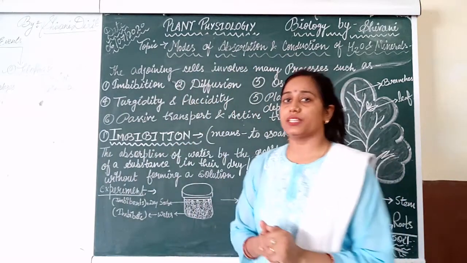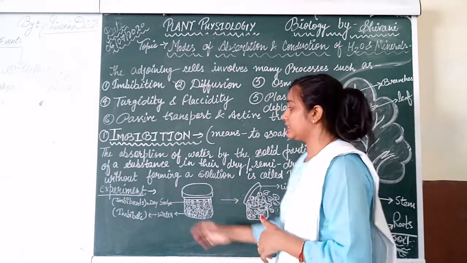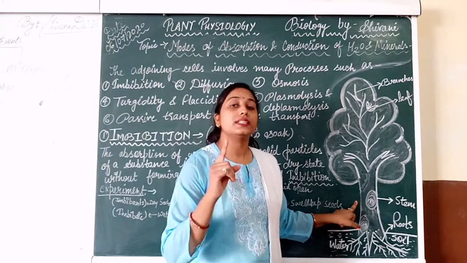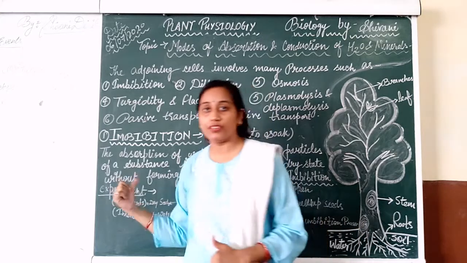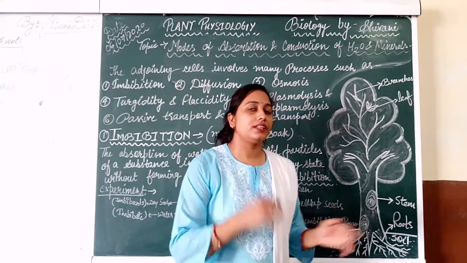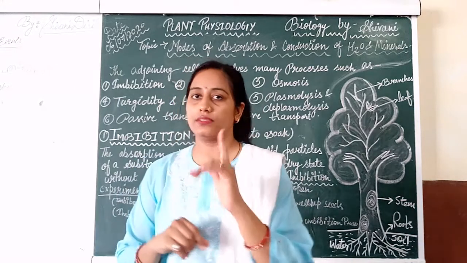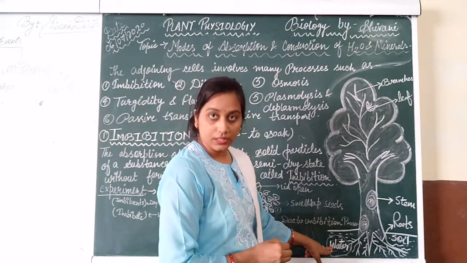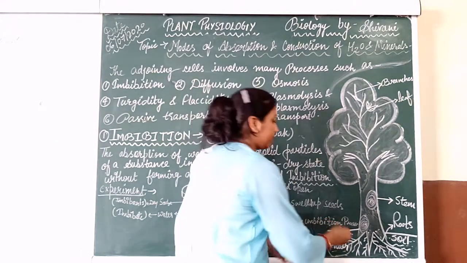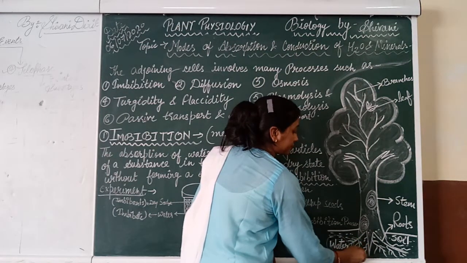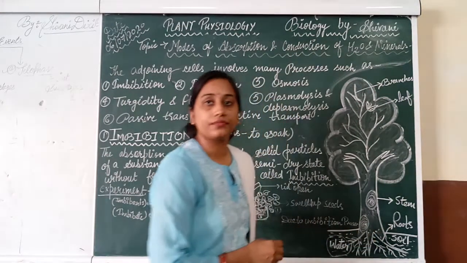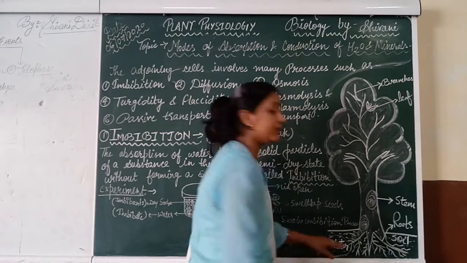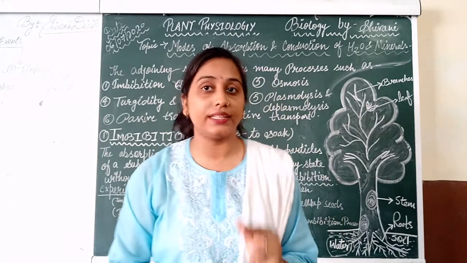Now my question is, why have you observed this process here, and what is the relation of this phenomenon with the plants? What is the significance of this imbibition process with the plants? We will understand it with the help of this diagram. As we know, this water is present in the soil or in the ground, and there are root hairs present in the root of the plant, and this water is soaked by this root hair, absorbed by that root hair.